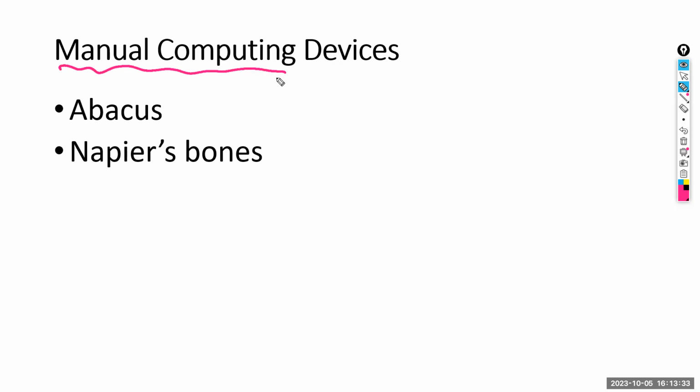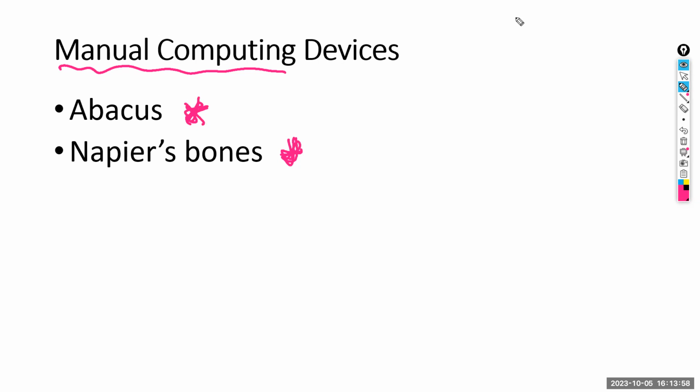There may have been many manual devices, but we will only look at two, because this is ancient history. We'll look at only two milestones in manual computing devices, that is the abacus and Napier's bones.